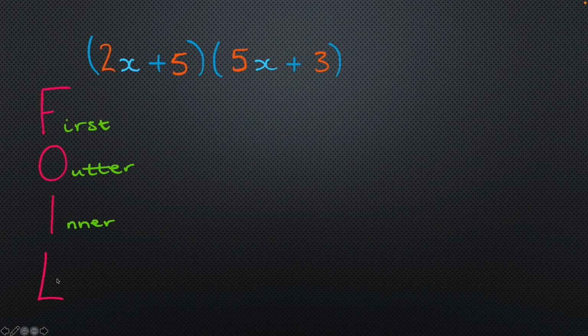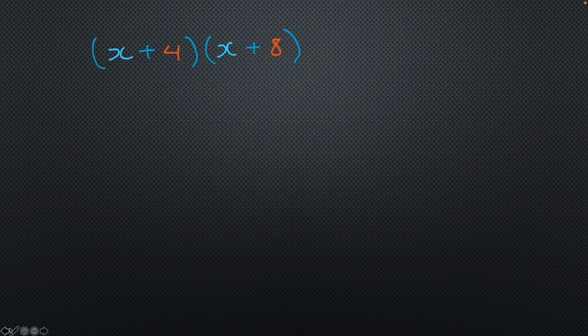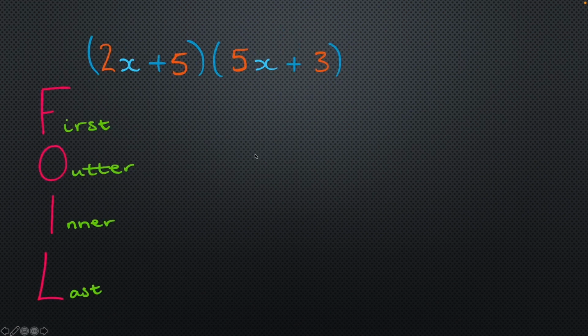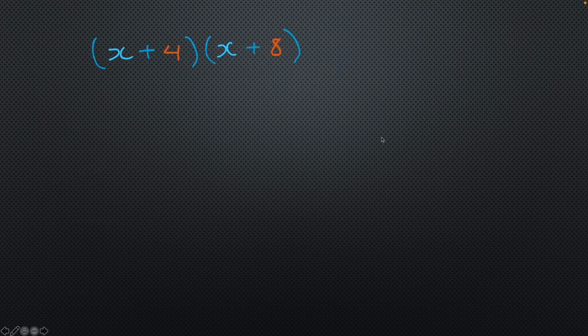And then last, L, which is our 3 and 5 to give us 15, which gives us the exact same answer as we got in the rectangle example. This method, FOIL, just gives us a way of multiplying every term correctly so that we can expand our brackets, because effectively what we're doing is just multiplying the brackets together.